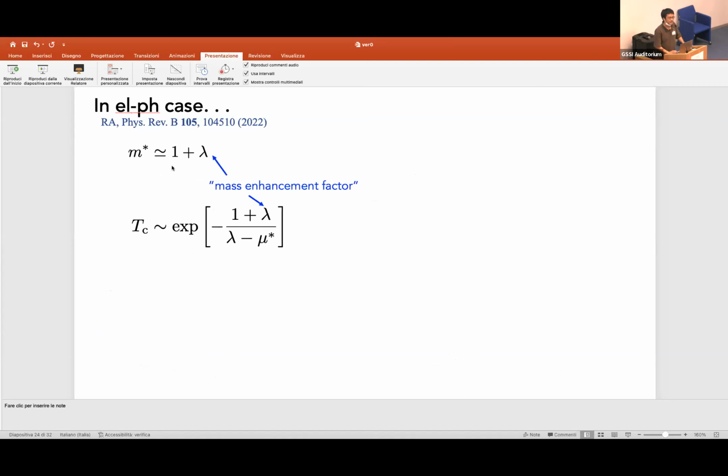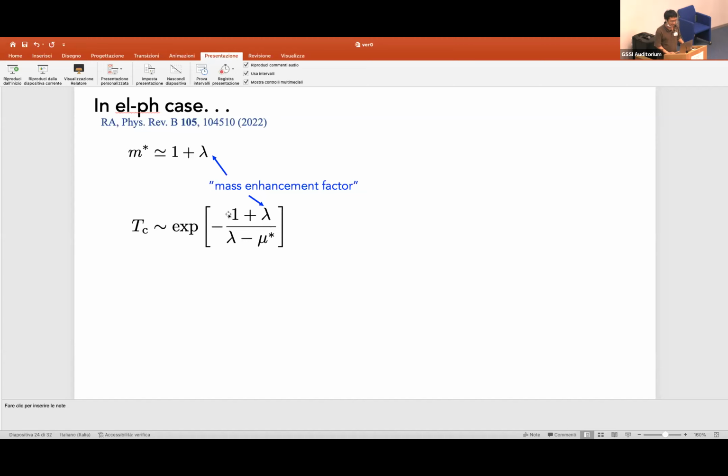Here we see that these are dominated by the same factor 1 plus lambda here and here. And often this lambda is called the mass enhancement factor. So in the electron phonon case, this renormalization behaves in the same way. And one may think the transition temperature renormalization is due to mass enhancement.